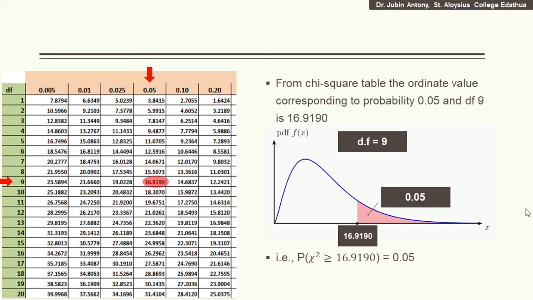From the chi-square table, the ordinate value corresponding to the probability 0.05 and degrees of freedom 9 is 16.9190. That is, probability of chi-square greater than or equal to 16.9190 is equal to 0.05.